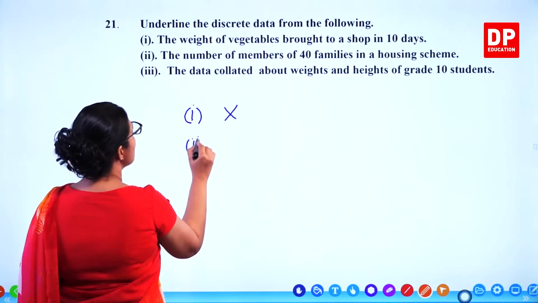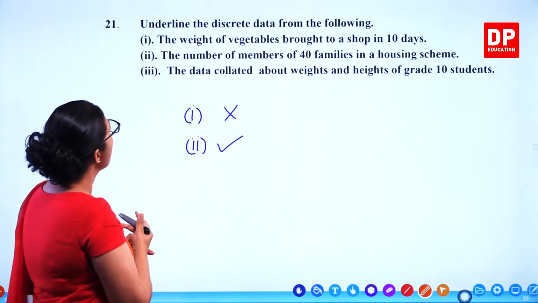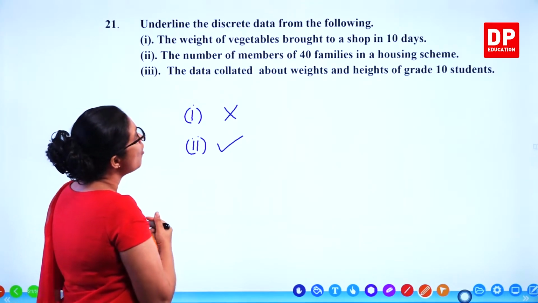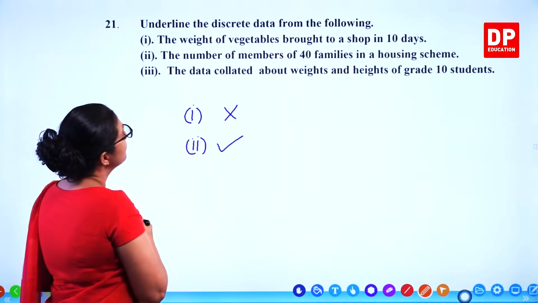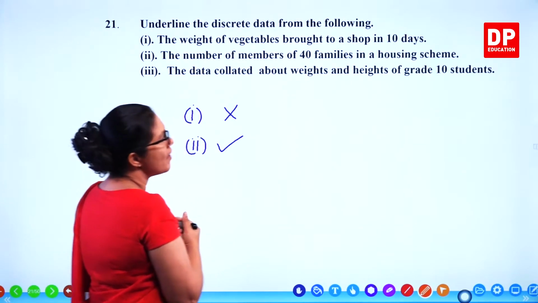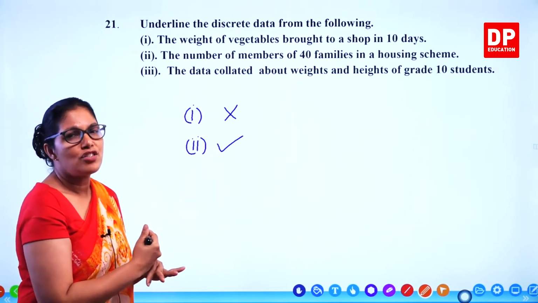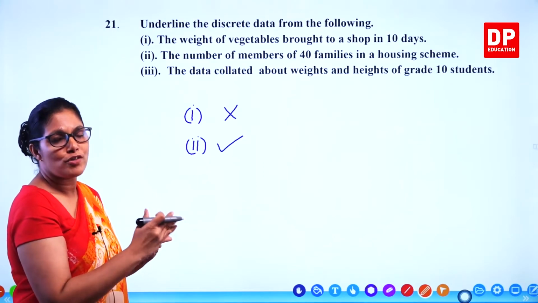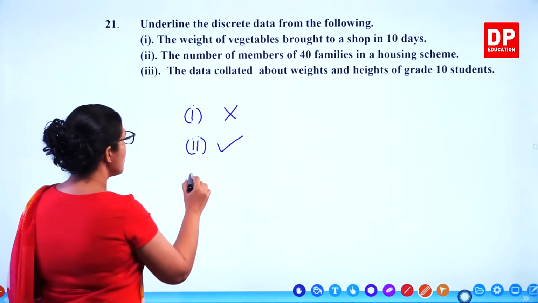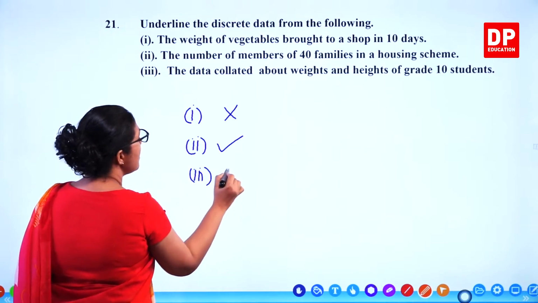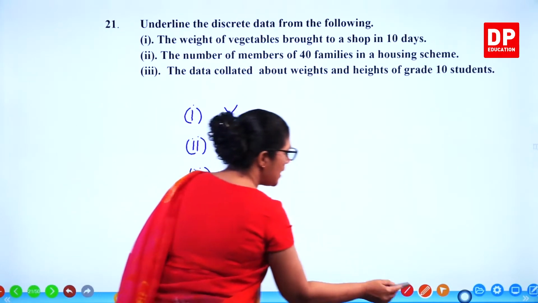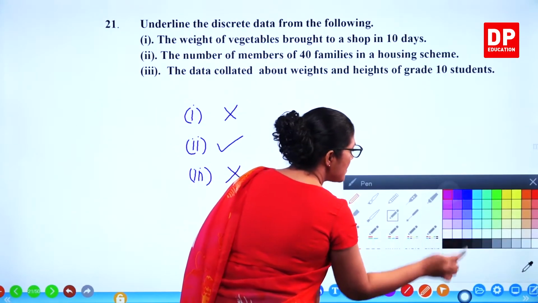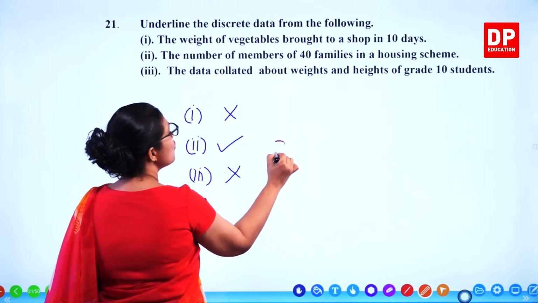That's discrete data. The data collected about weights and heights of grade 10. So that's continuous. You can take all possible values within a given range. So weight and height, that's continuous. So only number of members is discrete. So you get 2 marks.